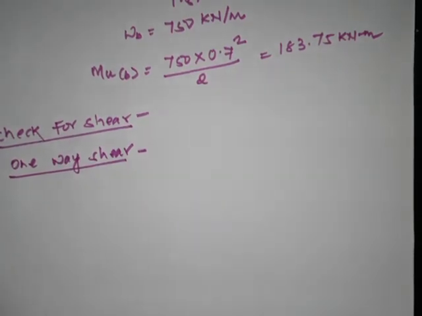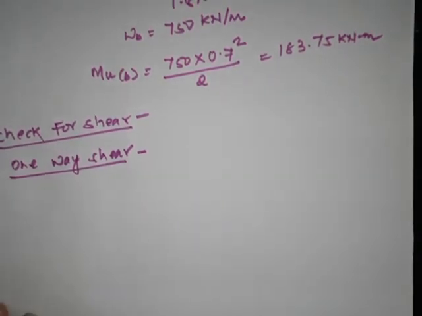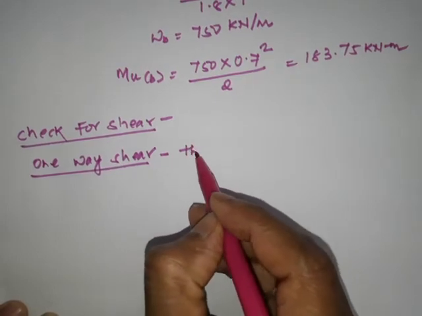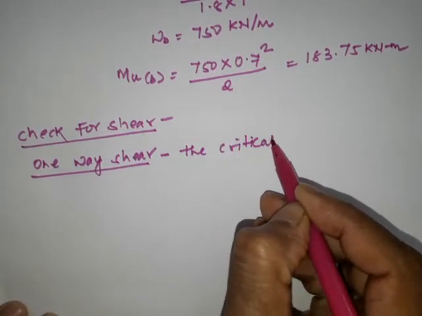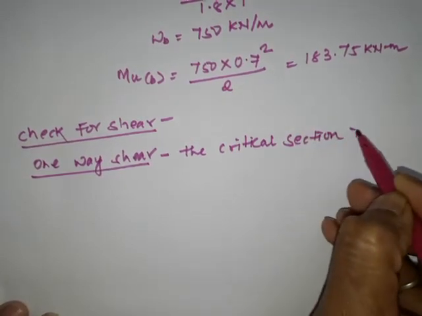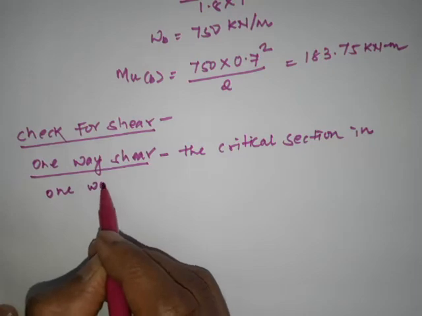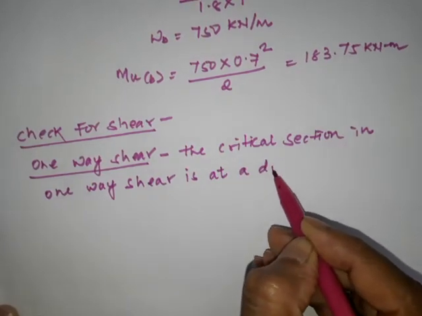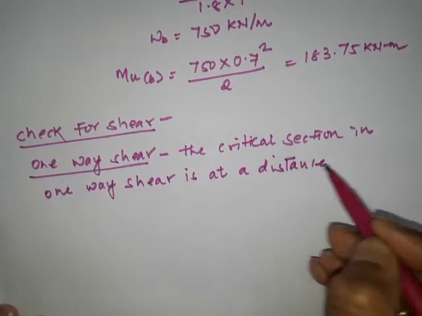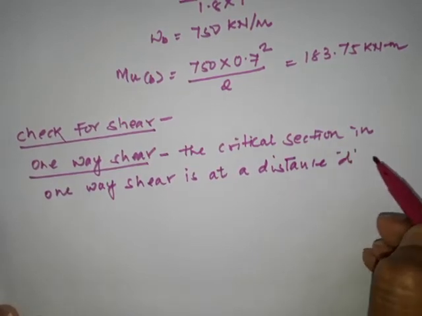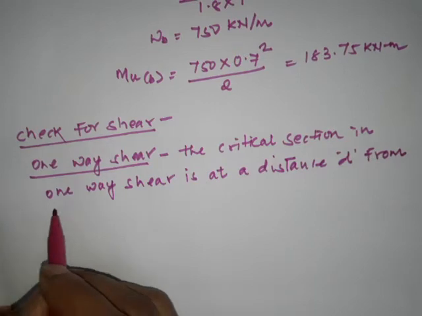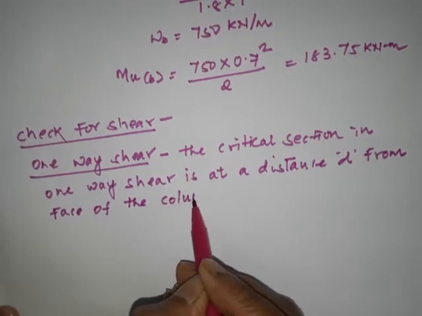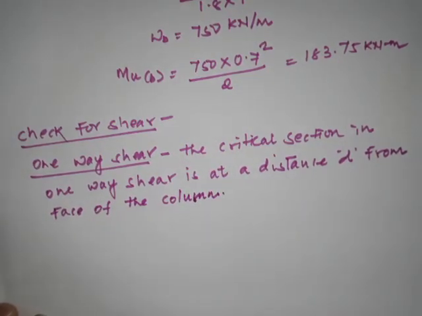As I told you in the first lecture, the critical section in one way shear is at a distance d, where d is the depth, from the face of the column.